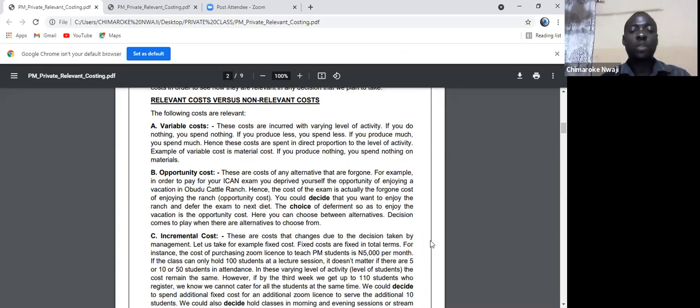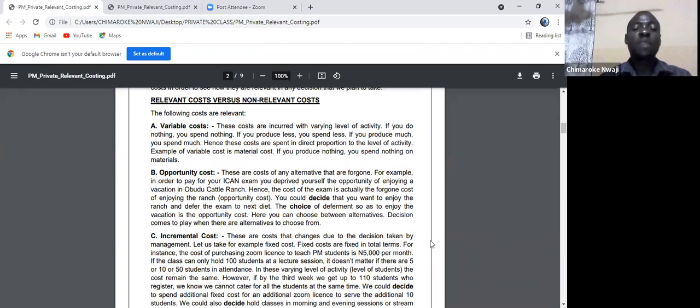Examples of variable costs is material cost. Now, if you produce nothing, let's say you want to make cake and you need flour, materials. If you produce no cake, you won't spend anything on material. If you produce few cakes, like maybe 100 cakes, you spend as much material as that can cover.